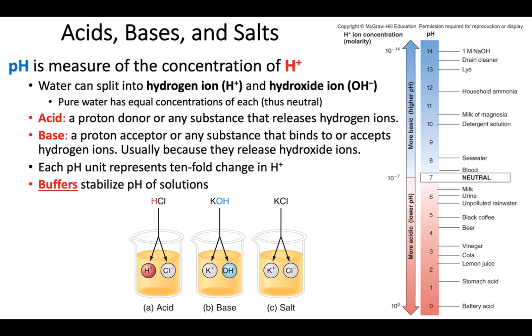If you are an H plus, a hydrogen ion, or more specifically a hydrogen cation, you must have lost that electron, right? There's no other way to become H plus. If you're a proton and an electron, you must have lost the electron. So the other name for H plus is a proton.